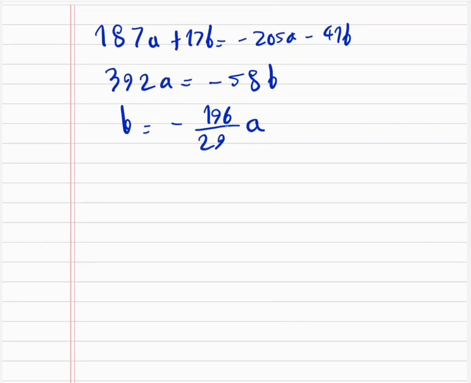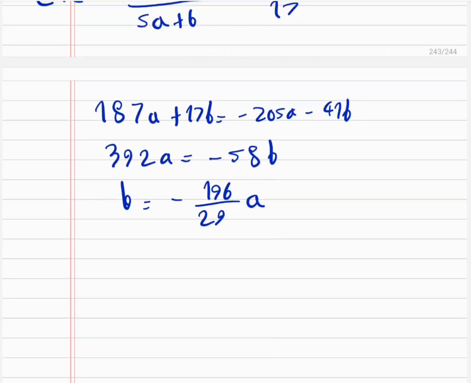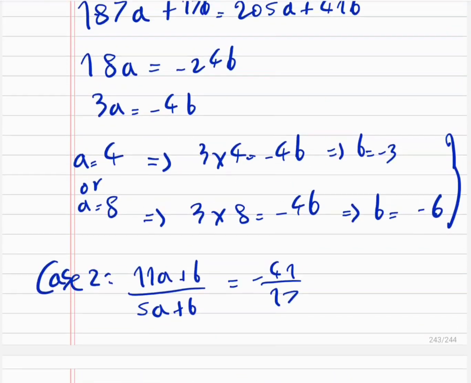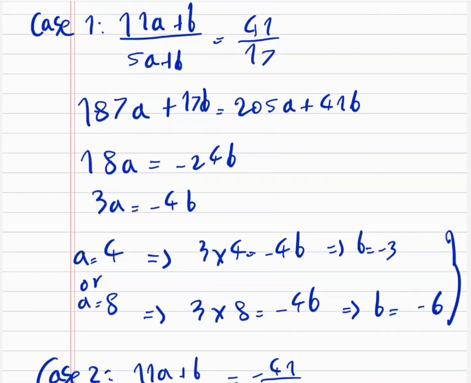Because this fraction is a decimal, and a decimal times a, whatever a is, gives you another decimal, a real number, b cannot be an integer. Since b isn't an integer, this case doesn't give us any solutions. So the two pairs of values of a and b are the first pair 4 and minus 3, then 8 and minus 6 as the second pair.